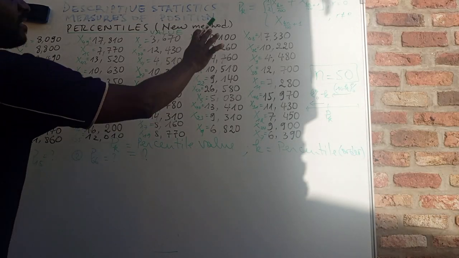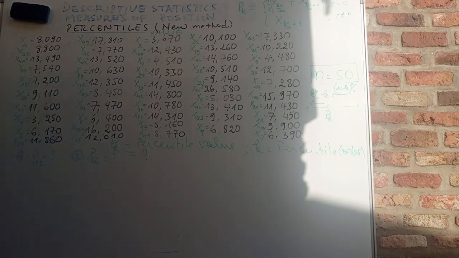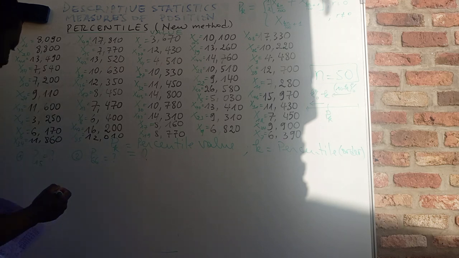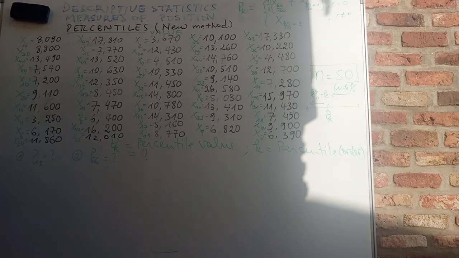Let us apply it to P15 and P66. We are going to see that it is very simple to calculate. Number one, it is pk with k equal to 15.